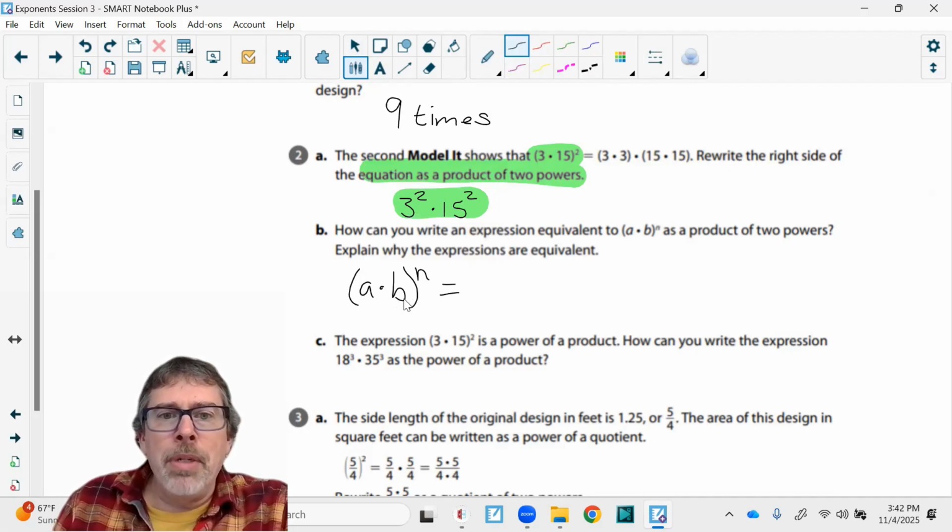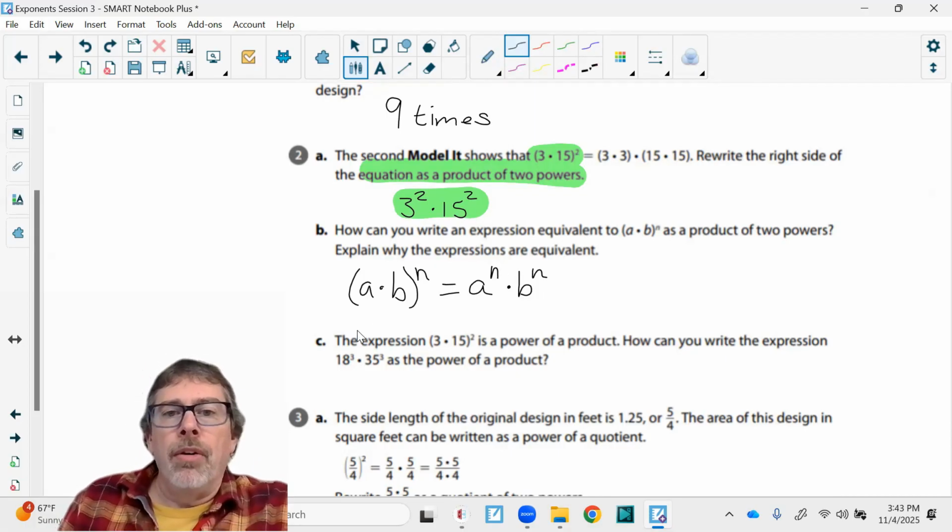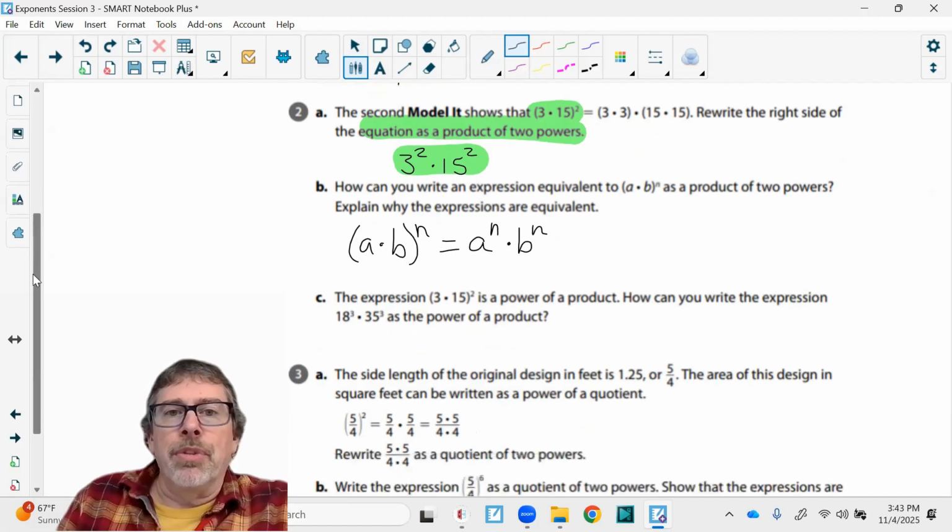So A times B to the power of n, where A and B are real numbers, and n is a positive or a whole number, positive integer, we can distribute the n. So A to the power of n times B to the power of n. Okay, it's true for any base and any exponent that's positive. Or negative, actually, but there's other rules for that.